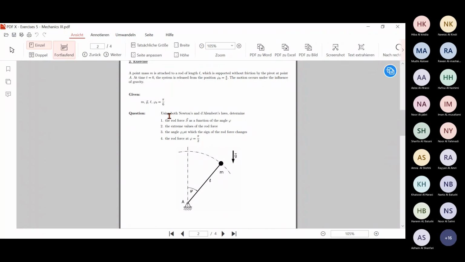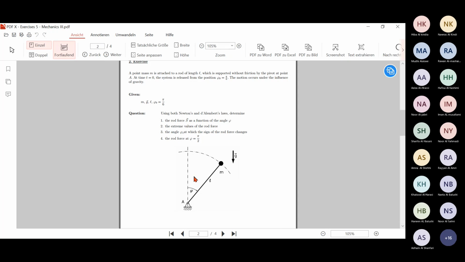Now it is asking to use the Newton and the D'Alembert methods to determine the rod forces S as a function of the angle phi.